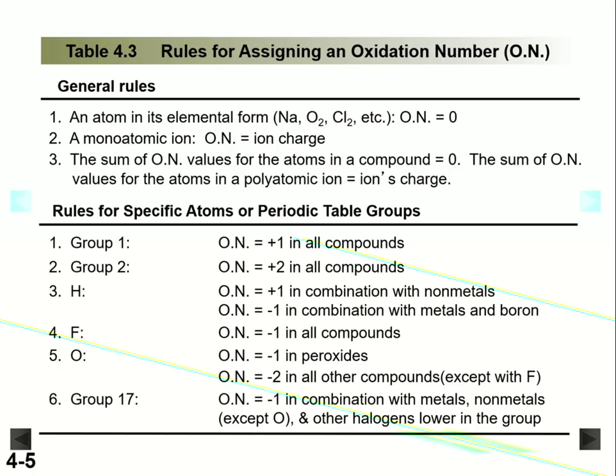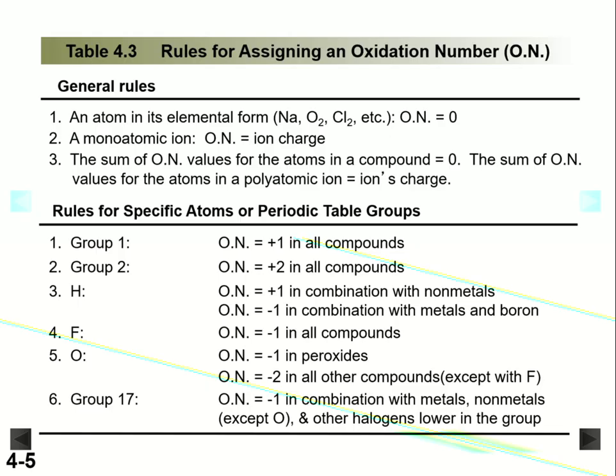So, in perchlorate, ClO4-, the oxidation number of chlorine plus the oxidation numbers of each of the oxygen atoms would sum up to equal -1, since that is the charge on the perchlorate ion. These general rules hold for all systems. Now, the lower rules are rules for specific atoms or periodic table groups, and these generally hold for all the systems that we will look at.